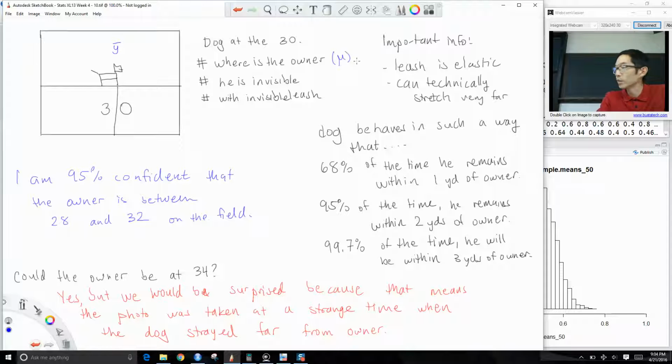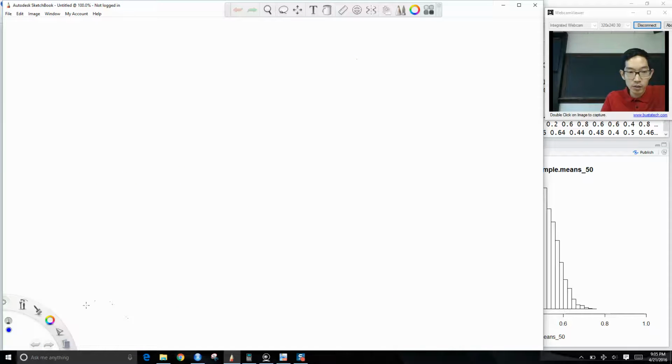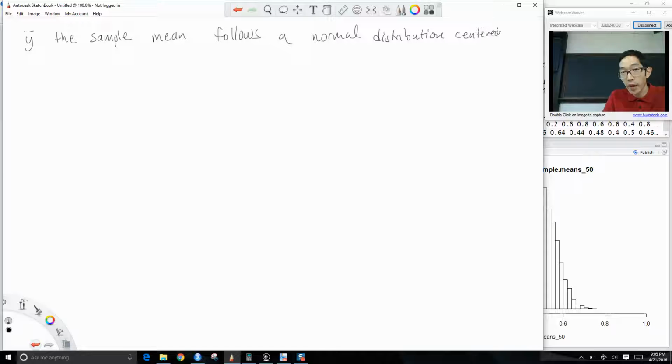Okay, can I flip the slide, or are you still writing here? Okay, so we can say y bar, the sample mean, follows a normal distribution centered at mu.